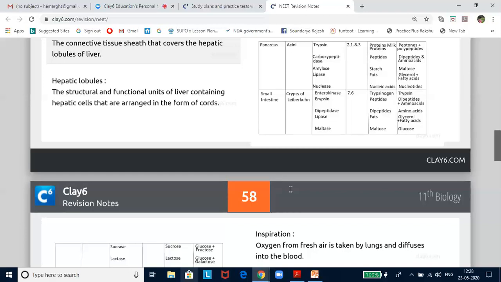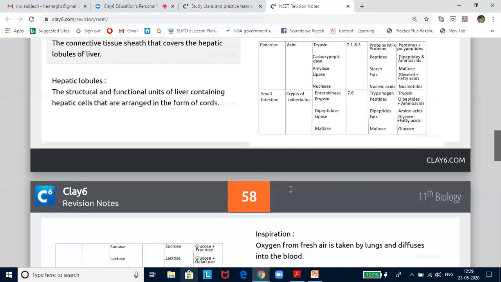Carbohydrases of pancreatic and intestinal juice digest carbohydrates in the small intestine. Pancreatic juice contains a starch digesting enzyme called pancreatic amylase. Starch is hydrolyzed by it to maltose, isomaltose, and limit dextrins. The enzymes isomaltase and maltase of intestinal juice further hydrolyze maltose, isomaltose, and limit dextrins into glucose.